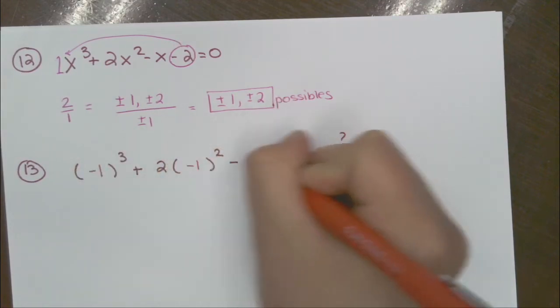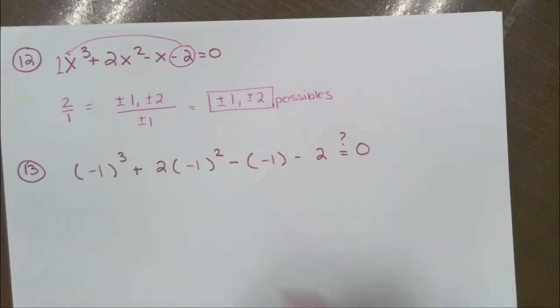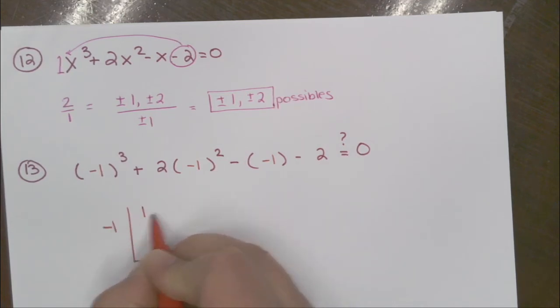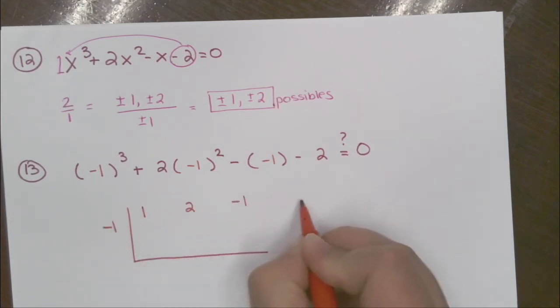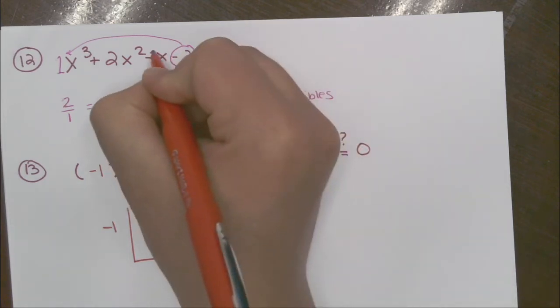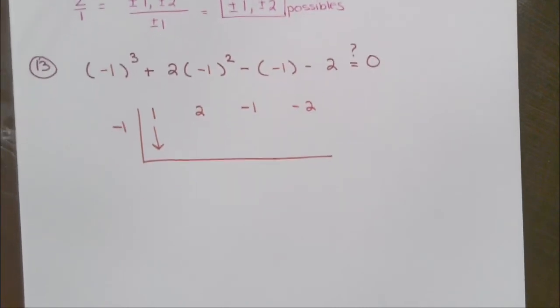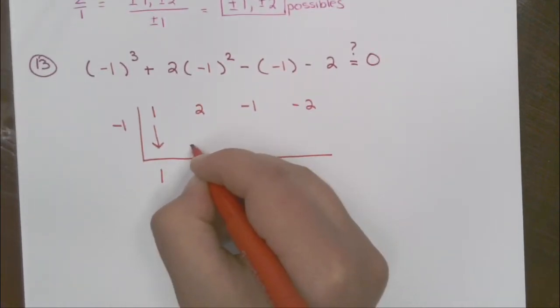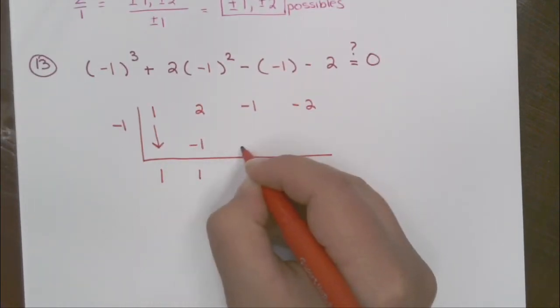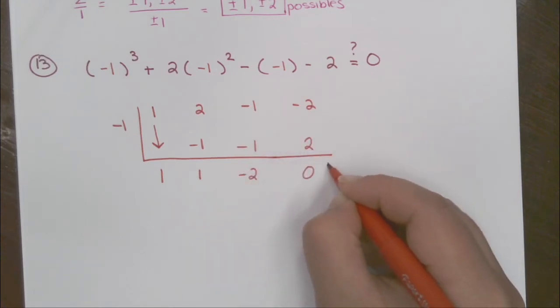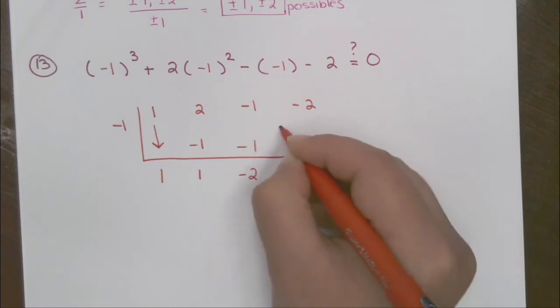Okay, so let's do negative 1 and check by synthetic division. So I got a 1, a 2, a negative 1, and a negative 2. Be careful with this, there is a 1 here. Double check that really quickly. I'm going to bring that down. That's a negative 1, a 1, a negative 1, a negative 2, a positive 2, and a 0. Yes, it does work. Happy dance.